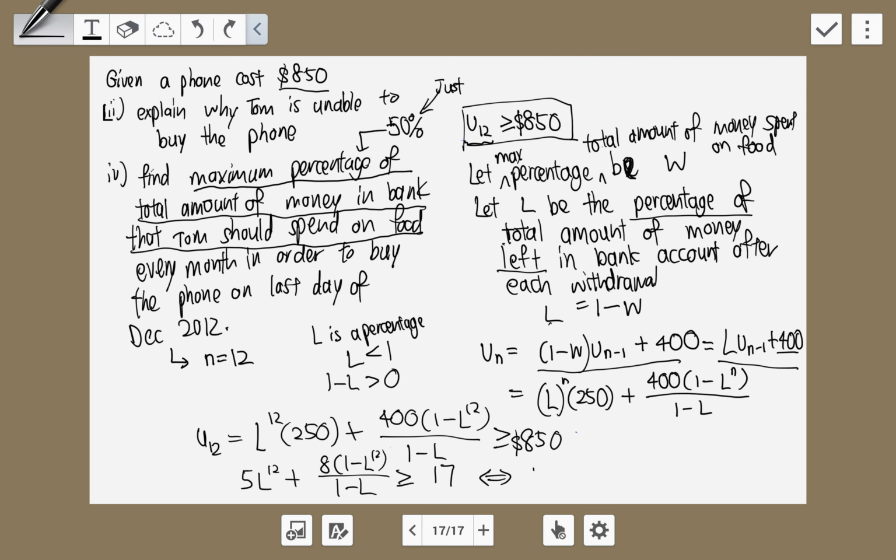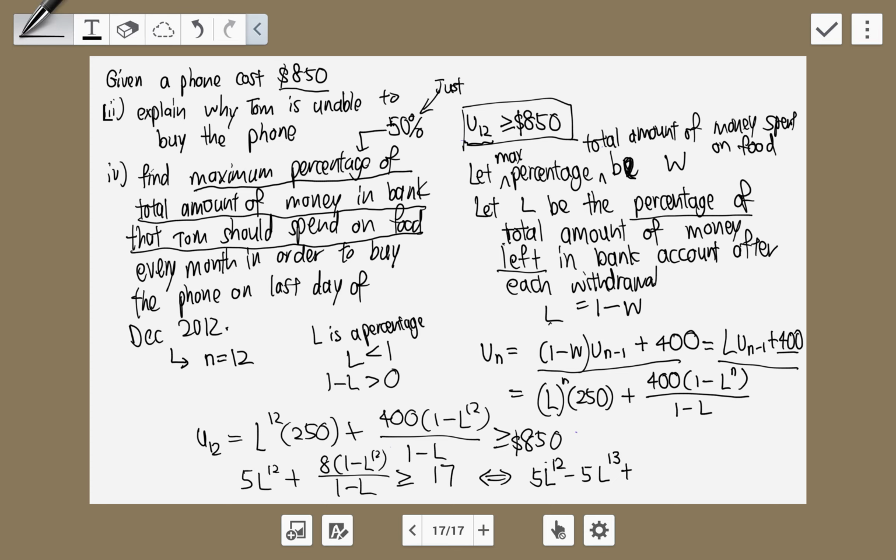I will have 5L^12 multiplied by 1 minus 5L^12 multiplied by L becomes 5L^13, plus 8(1 minus L^12). Okay, I will just multiply in straight away.